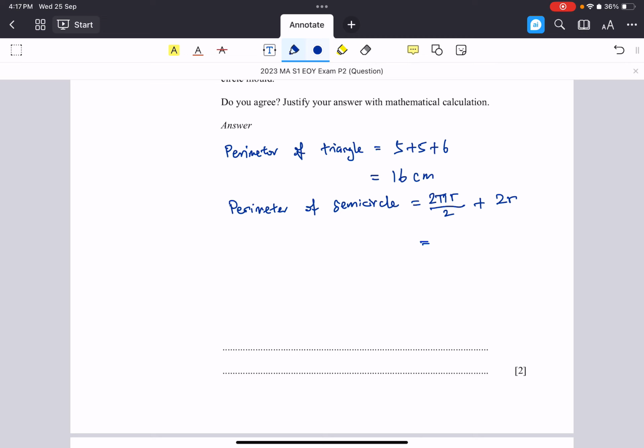Let me just write it here so that you can see. It's 2.76, we already found it in the earlier part.